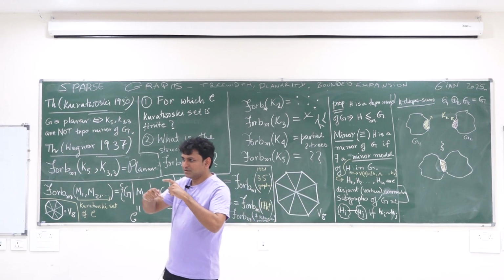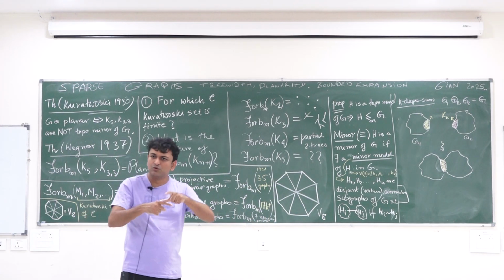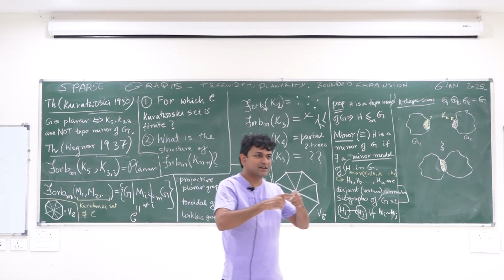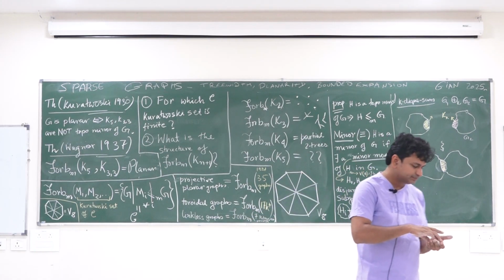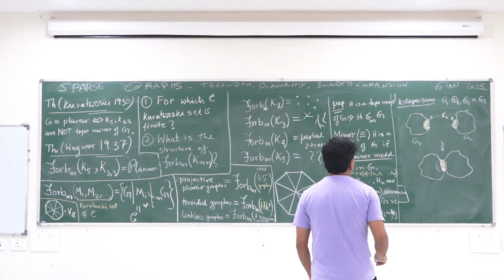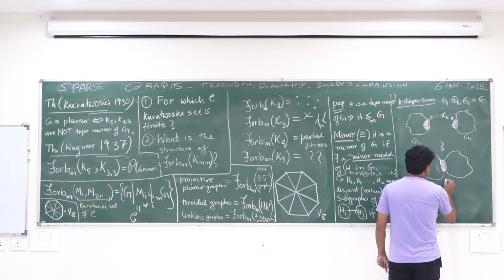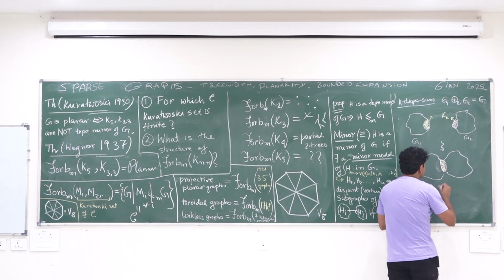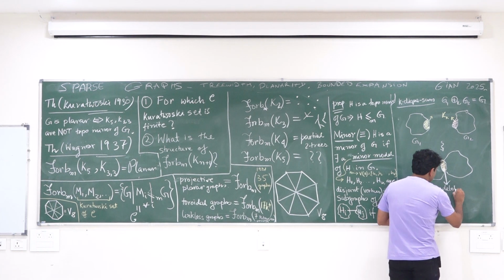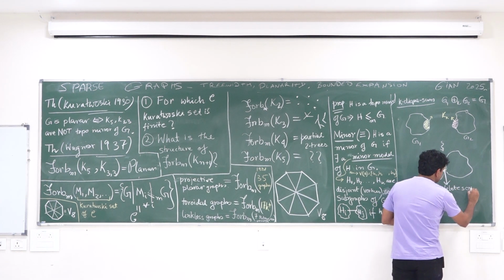One vertex glued to one vertex, so it's a bijective glue. But the definition doesn't end here. After that, you are allowed to delete some edges.